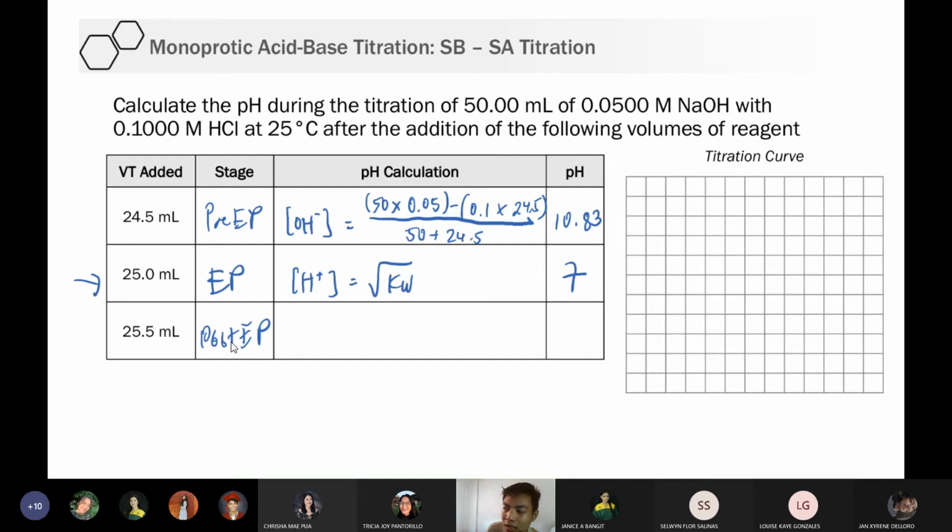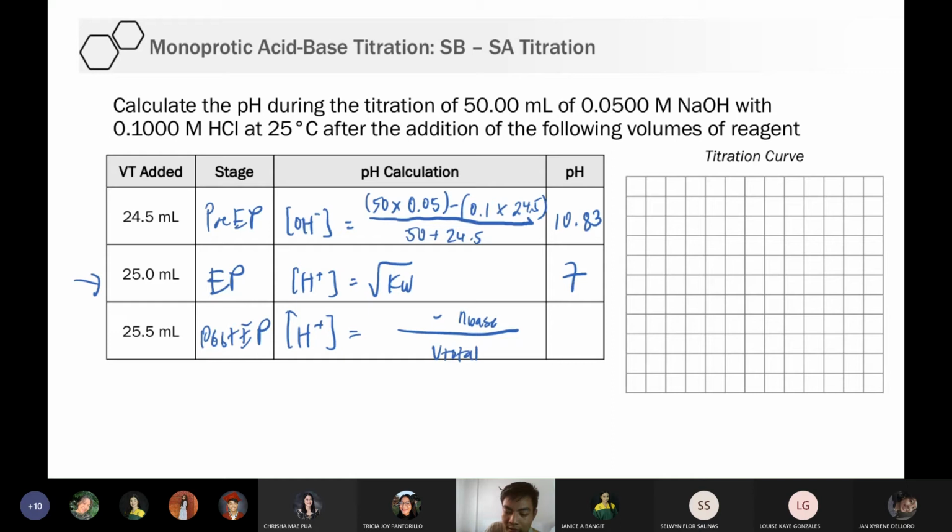How about this one? Post-equivalence point. Ano sobra sa atin pag post-equivalence? Acid na. Okay, so sobra tayo ng acid. We can compute for the excess acid as mole acid minus mole base divided by the volume total. Okay? So, saan equal yung mole acid?